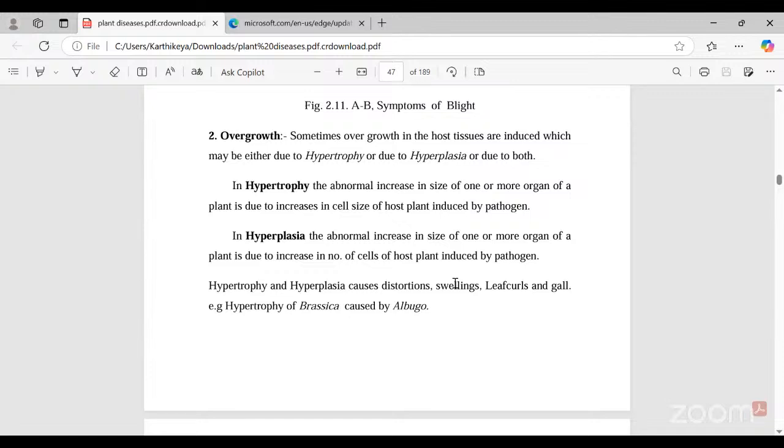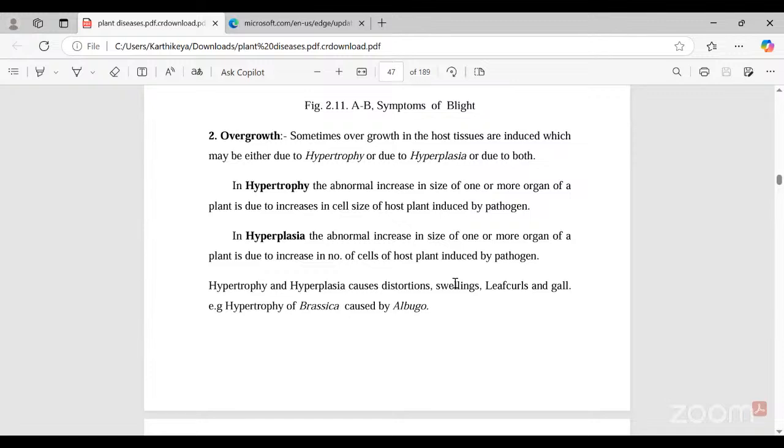In hyperplasia, the abnormal increase in size of one or more organs of a plant is due to an increase in number of cells of the host plant induced by the pathogen.